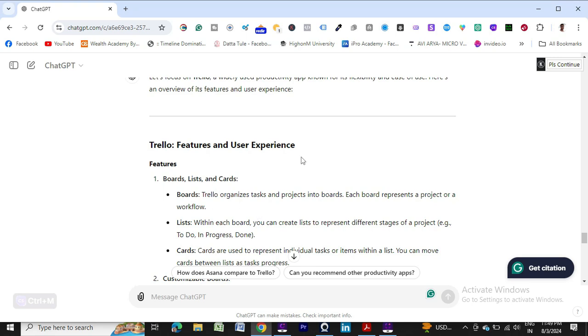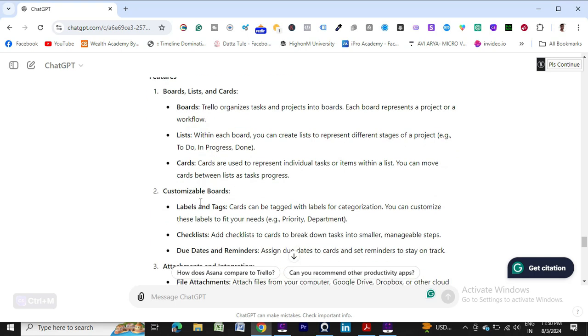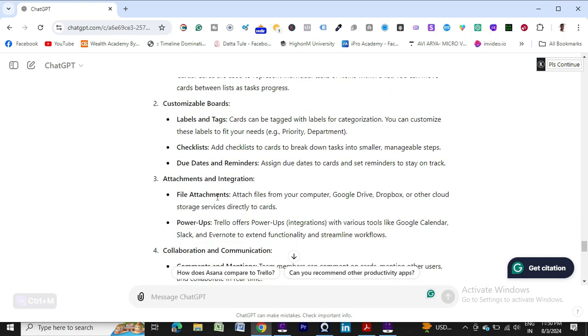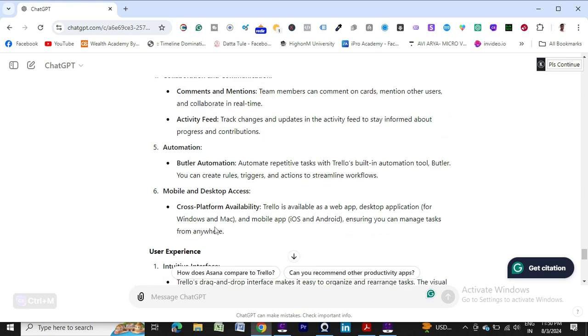Features: boards, lists and cards, customizable boards, attachments and integrations, collaboration and communication, automation. This kind of features we can expect.